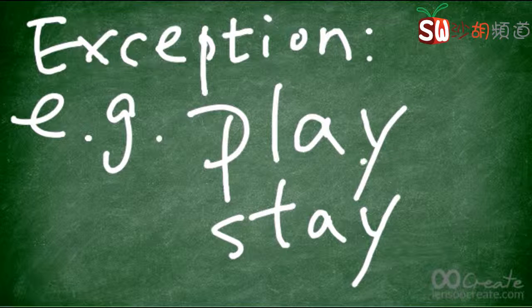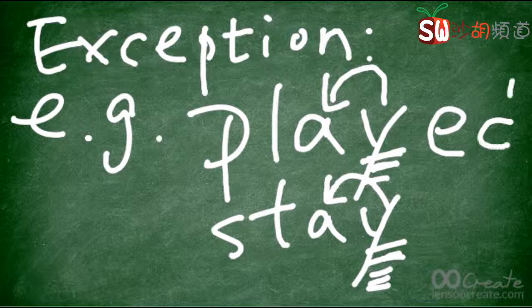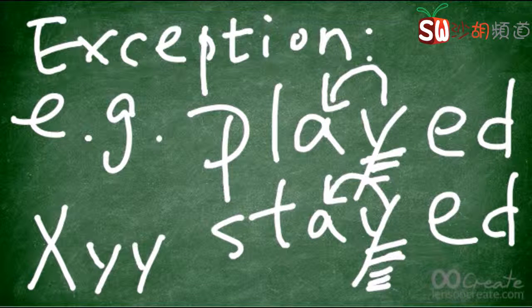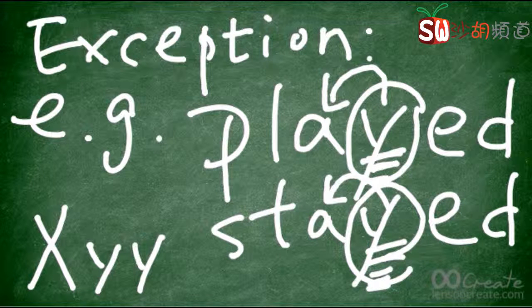Because the last letter is y, even if you see a vowel A, E, I, O, U before the last letter, we do not add double y. No double y. Remember, for y, no double y.